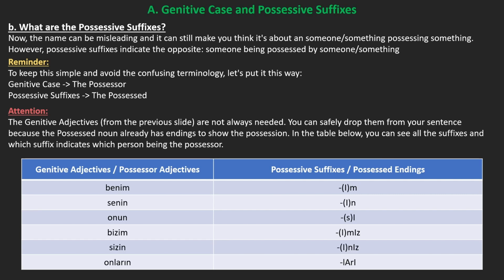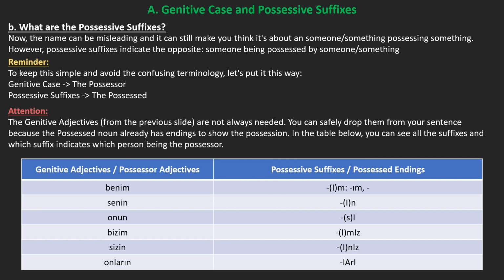For example, benim is used with this suffix. The parentheses indicate that it is optional. It depends on the case. But the M, and then senin and then onun. This is four-way vowel harmony, so you can follow me here.